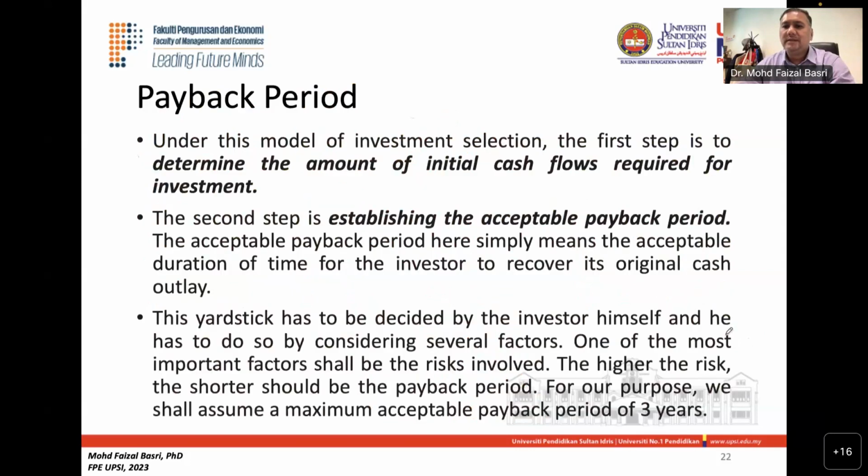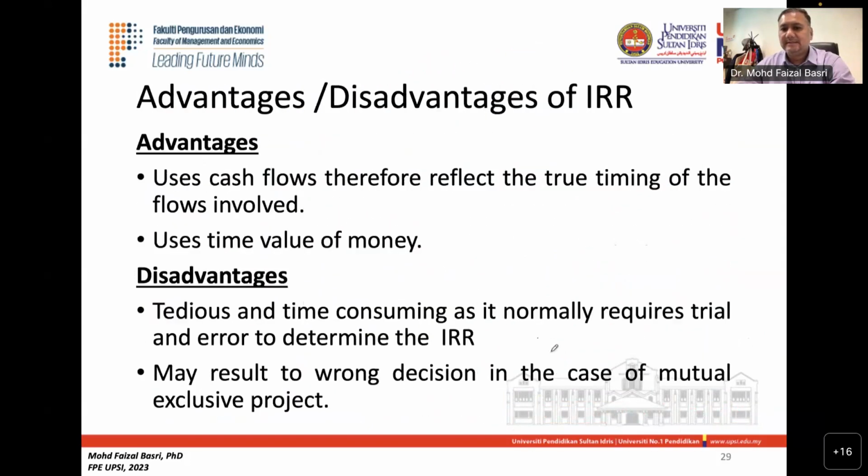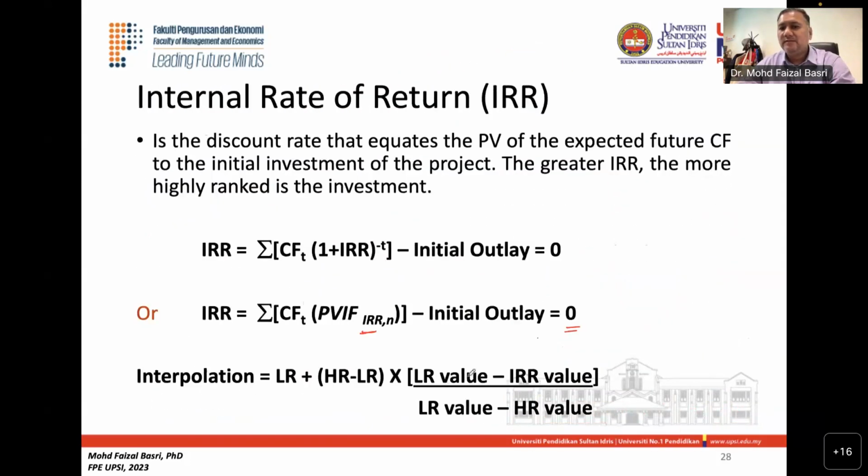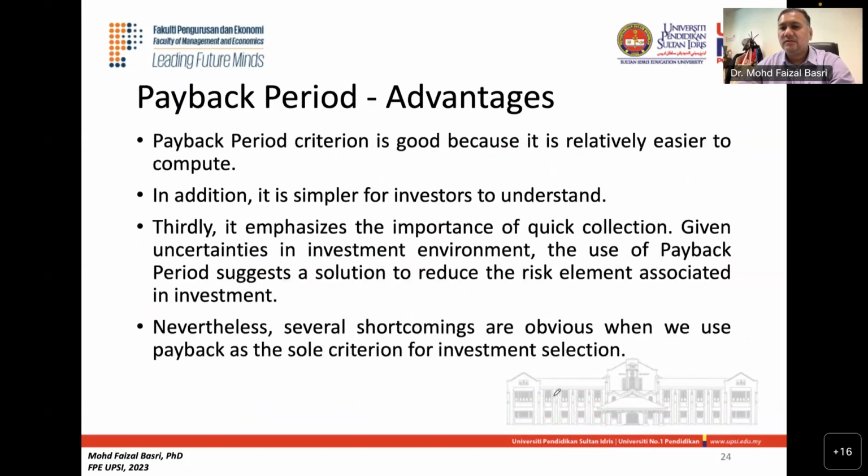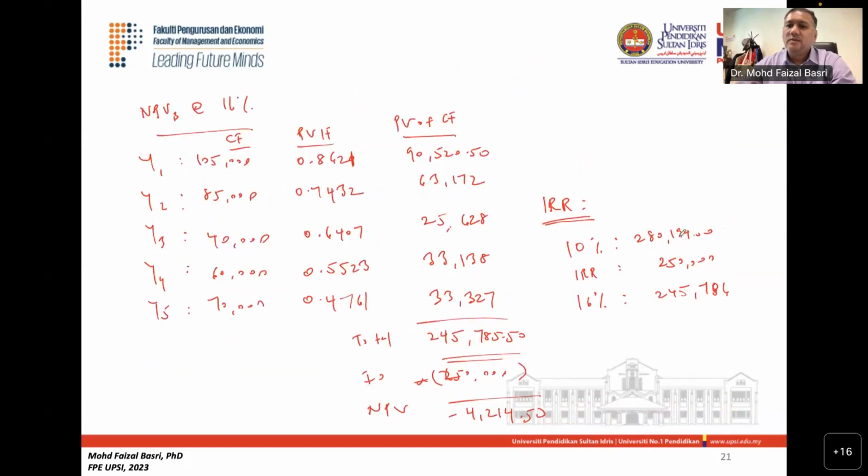Okay, so based on this, we have to find differences between the lower value minus IRR, lower value minus higher value. So meaning, this is LR, this is IRR, this is higher value lah. You need to find the difference between these two and the difference between the top and the bottom.